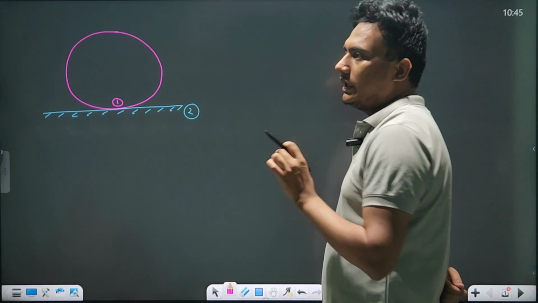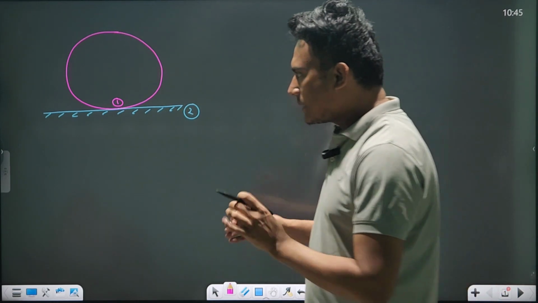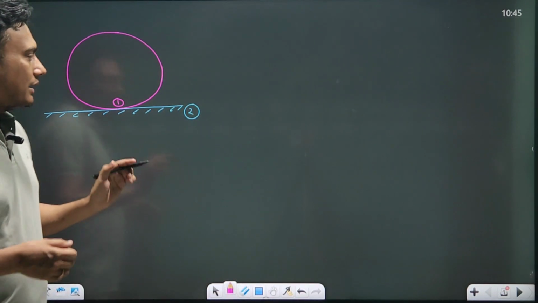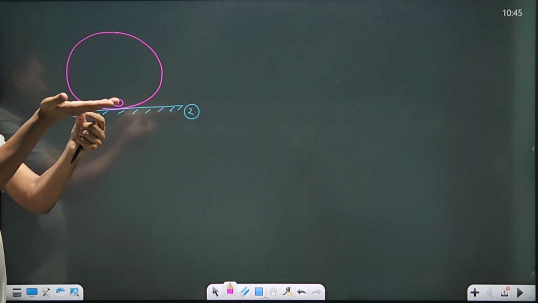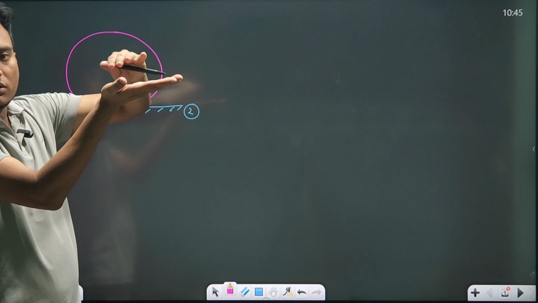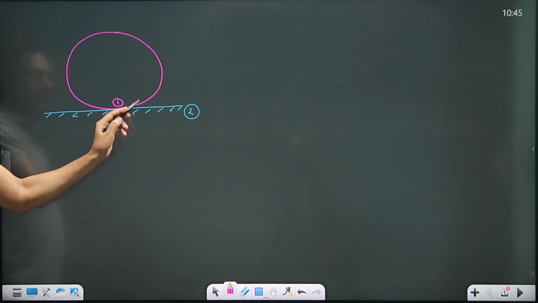So pure rolling is basically applied at the point of contact. What is the point of contact? The point of contact is the part where the lower point of the wheel touches the surface of the platform. So we focus on this part.